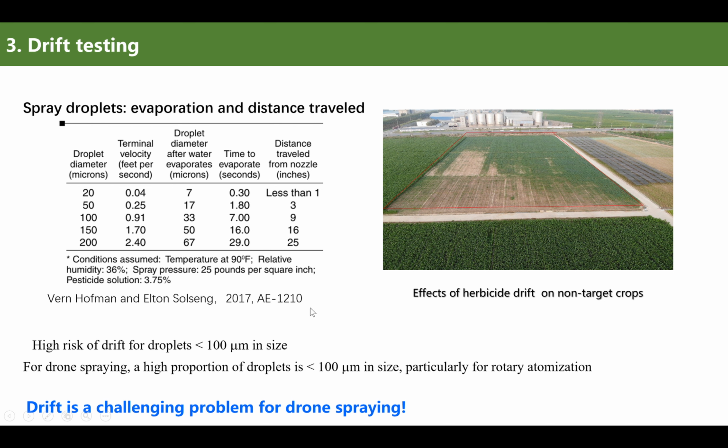Generally, there is a high risk of drift for droplets less than 100 microns. Unfortunately, for drone spraying, a high proportion of droplets is less than 100 microns, particularly for rotary atomization. Therefore, drift is a challenging problem for drone spraying.